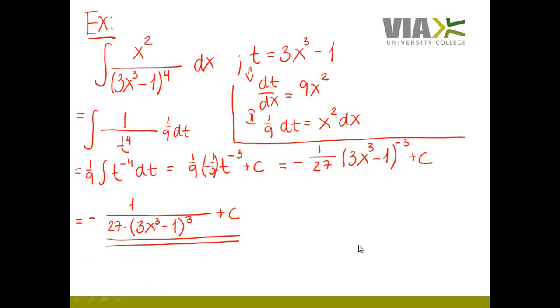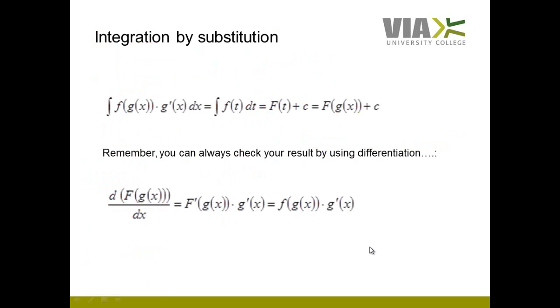So that is what integration by substitution is all about. We can use it when we have more complex integrals, like the ones which are stated up here in a general form. We use it by substituting this internal function g(x) to be equal to t, and then we finally end up with a more simple integral which we can solve, and we substitute back again t to be equal to g(x) at the final end before we have our final result.